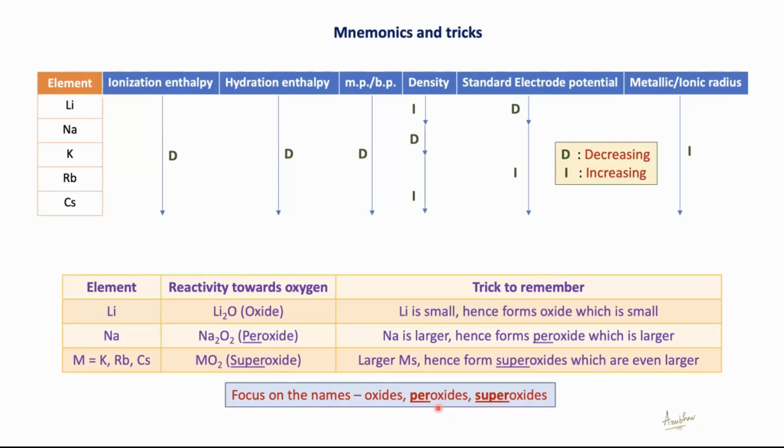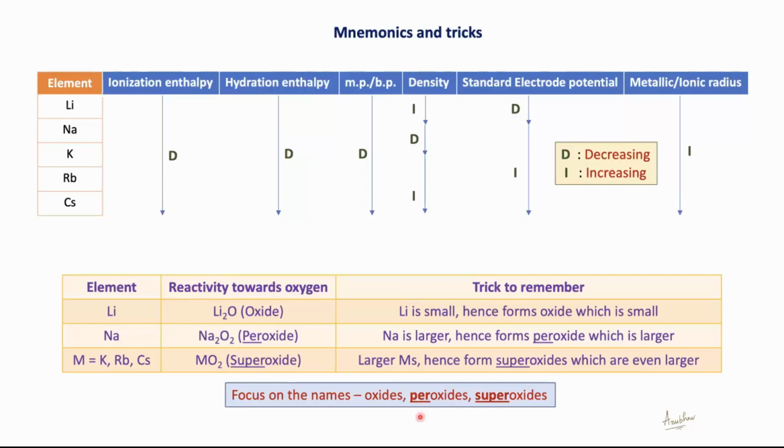Whenever the size increases, the name of the oxide also increases. So this is how you can remember quite easily which element produces which kind of oxide. When the element is small, it will produce a small oxide. When the element is larger, it will produce peroxide. And when the elements are even larger, it will be superoxide.